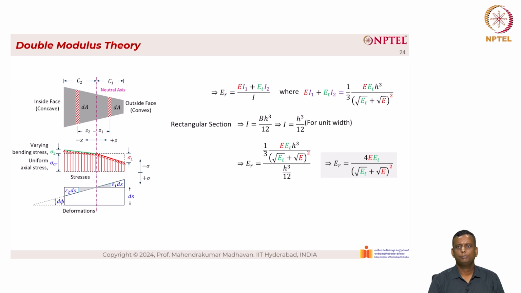This can be further simplified as e sub r equal to 4 into e into e sub t divided by root of e sub t plus root of e the whole square. Similarly, for an idealized cross section, e sub r is 2 into e into e sub t divided by root of e sub t plus root of e.